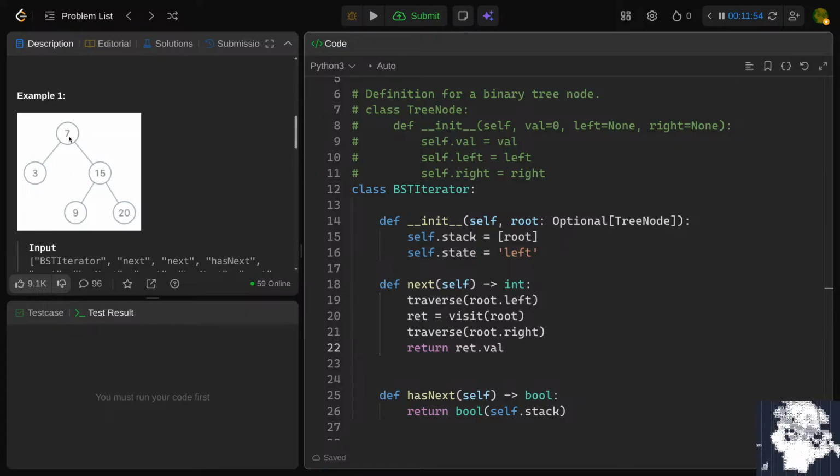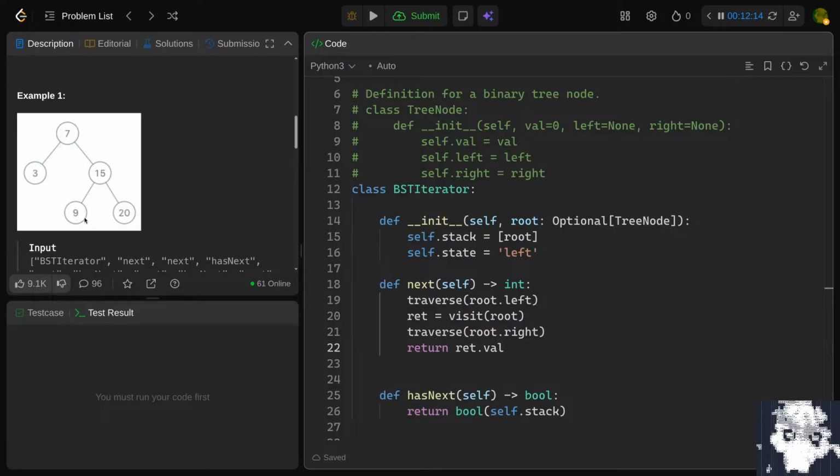Then the next one, we're gonna say next, and we're gonna yield 7, and then go right. And then go left.